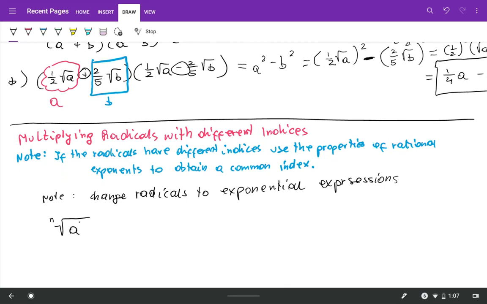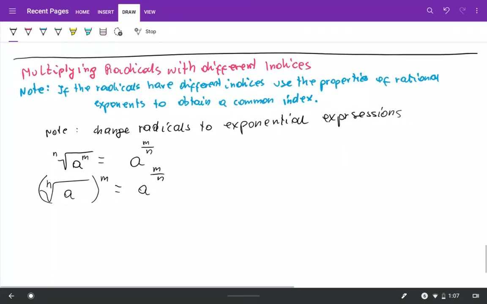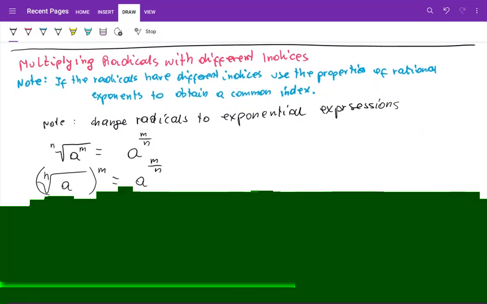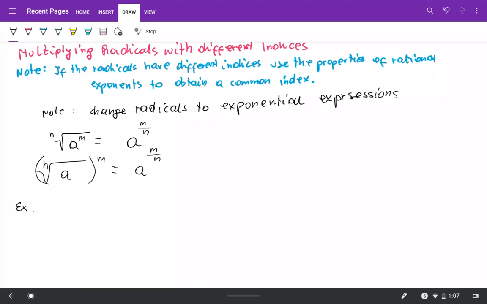I hope you guys remember that the nth radical of a to the m is the same as a to the power of m over n, or radical of index n of a with the exponent m outside. This is still the same as a to the power of m over n. So let me give you the example.